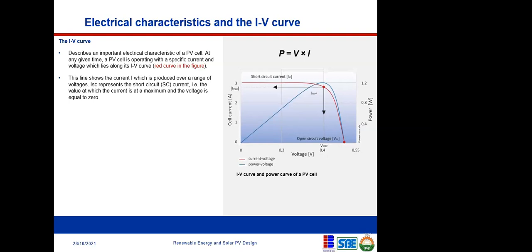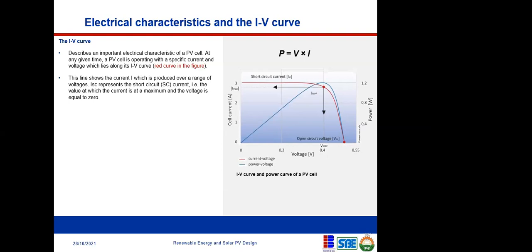Now, if you move a bit to the left, you will find out that your current will increase marginally, but your voltage will reduce almost significantly. You understand? If you move a bit to the left, your current will increase maybe slightly, but your voltage will reduce. If you move to the right, your current will reduce, your voltage will increase.